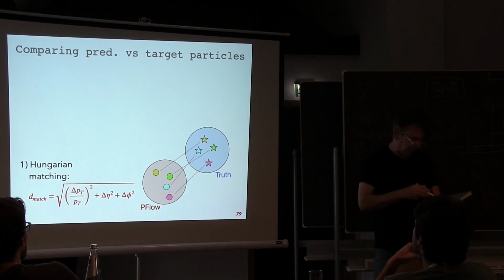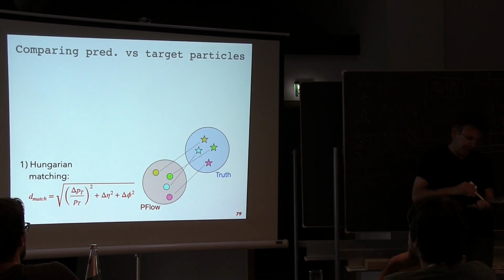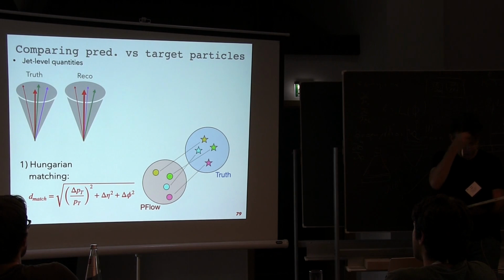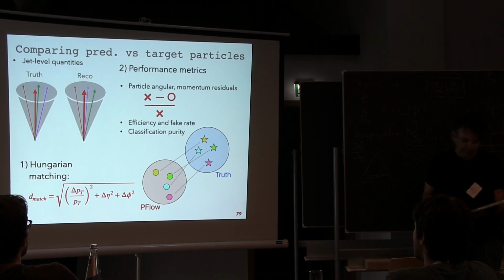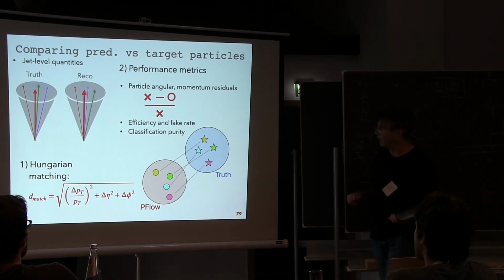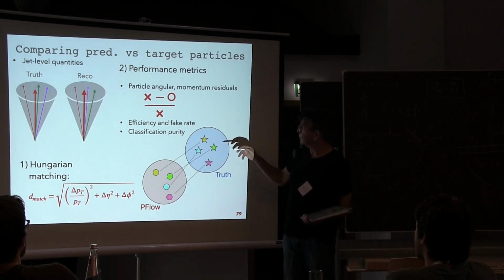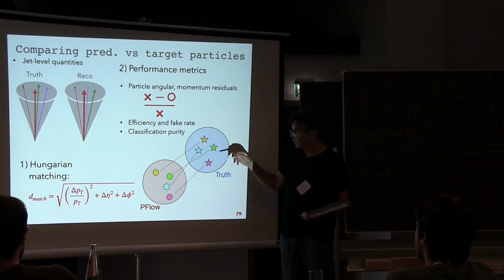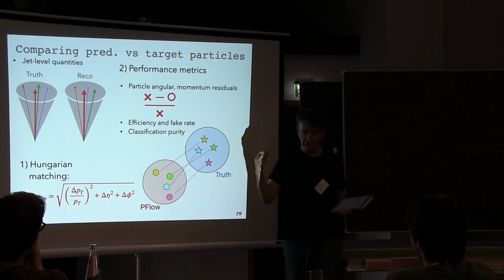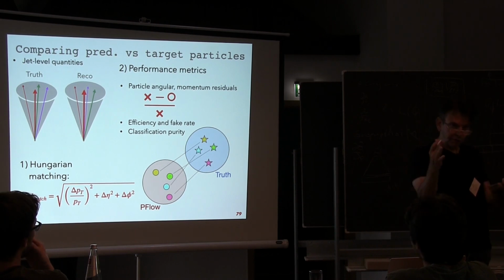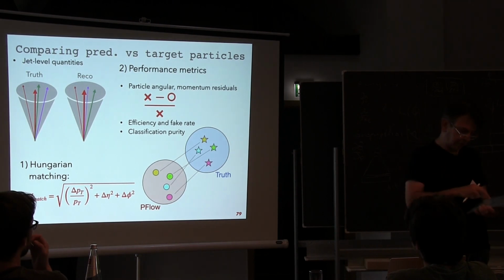So we do it with the Hungarian matching using delta pT, delta eta, and delta phi. And then to evaluate the performance, we do pulls, which is to take residuals: take what we predict minus the truth and divide it by the truth to see the resolution. Okay, how well do we do it.